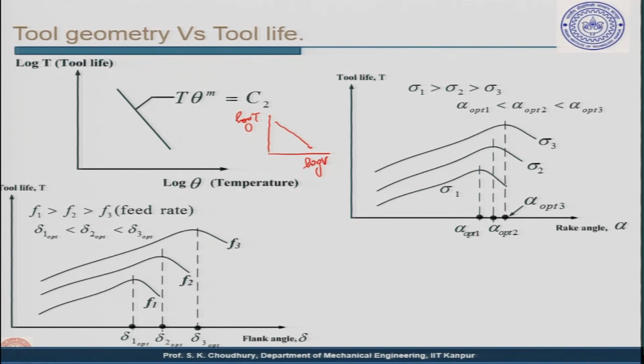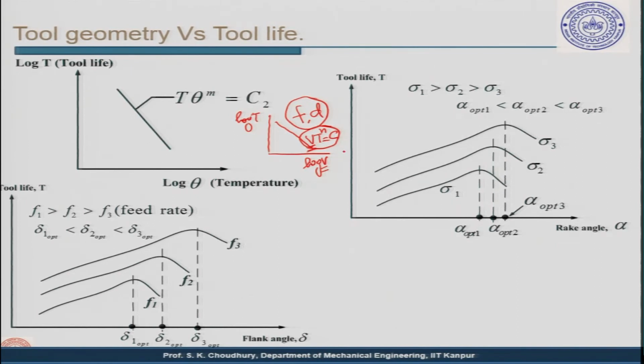Then we found out that it is not only the cutting velocity, but the feed and the depth of cut also affect the tool life. Here it was V t to the power n equals constant. This is Taylor's tool life equation, where only the velocity has been considered as the parameter affecting the tool life.